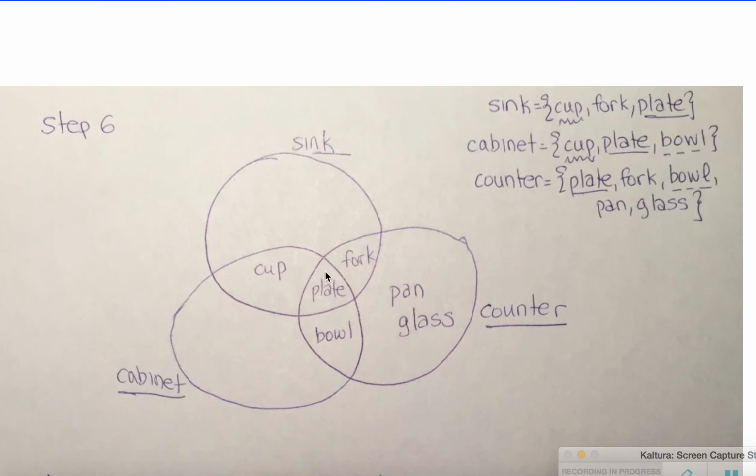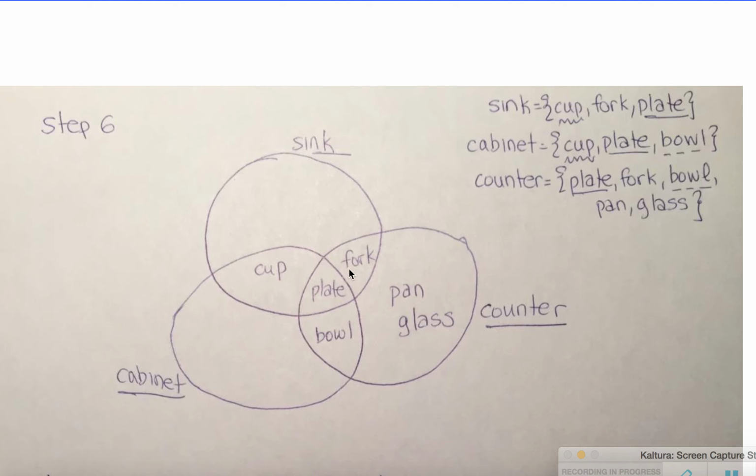So in the same fashion, let's take other 2 sets. Let's take the sink and the counter. Do they have any common items? Well, let's see. They only have the plate. So the plate we took care of. Oh, and they have the fork. I'm sorry, I forgot to underline this. And the fork, okay.